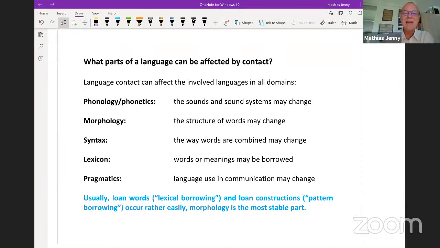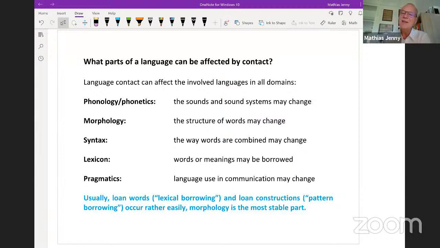But it is still the case that loan words, lexical or matter borrowing, is usually much easier done than morphology or syntax borrowing. Morphology is usually the most stable part in the language. So you don't easily take over morphemes or just morphology from another language.